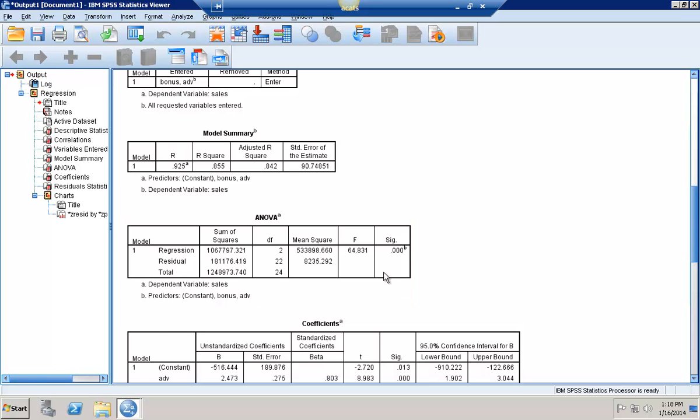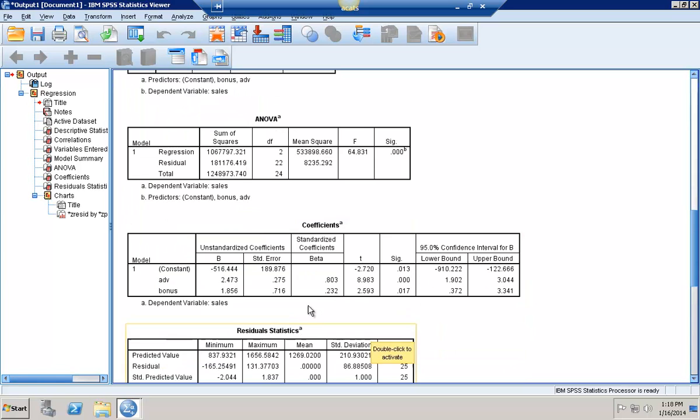Then I can go down and look at my coefficients here, and I see that beta 0 is negative 516.44. Beta advertising is 2.743, and beta bonus is 1.856.